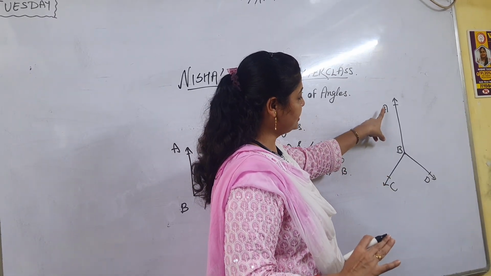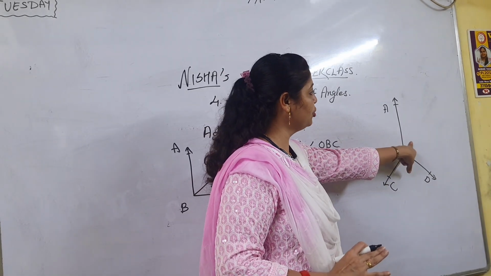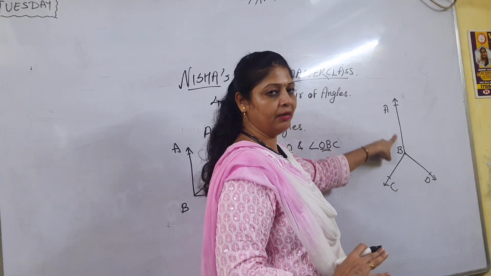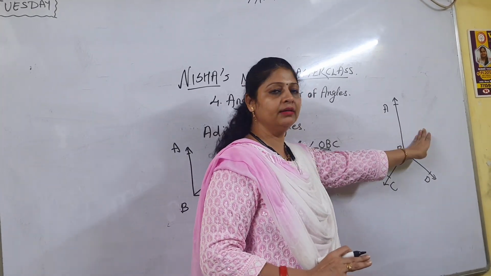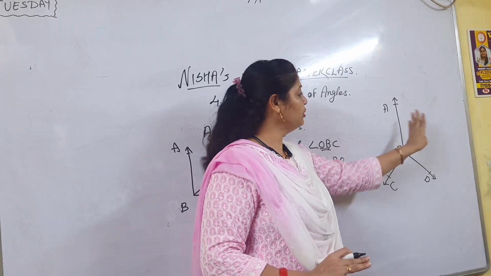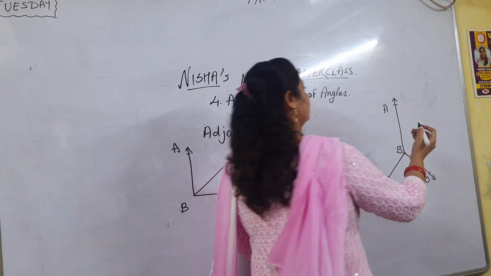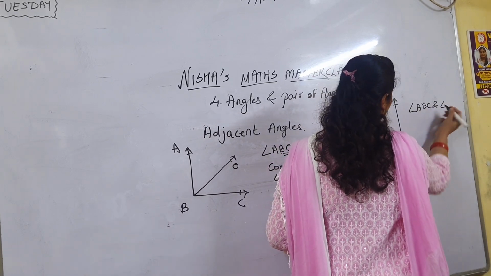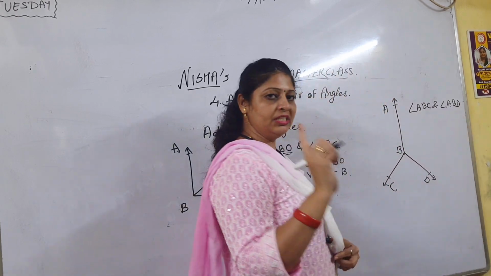Suppose I take angle ABC. This angle is adjacent to angle ABD. Why? Because AB is the common arm, B is the common vertex, and both have a different interior. So this is one pair. I am writing on the board angle ABC and angle ABD. This is the first pair.